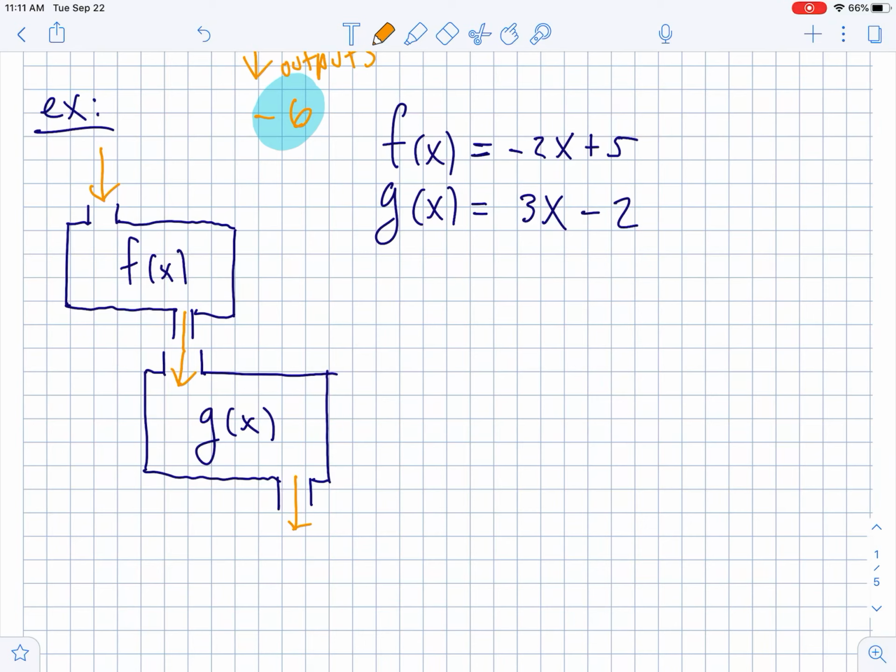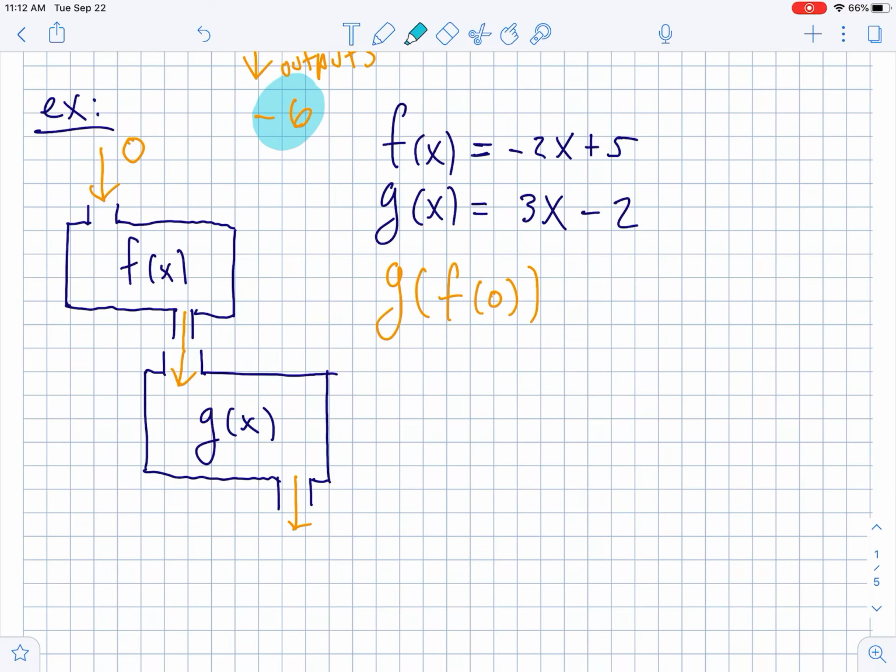So, for example, let's say I want to know what's going to happen if I feed a 0 into this. So first we'd have to put a 0 into f and then take that output and put it into g. So really it looks like this, g of f of 0.